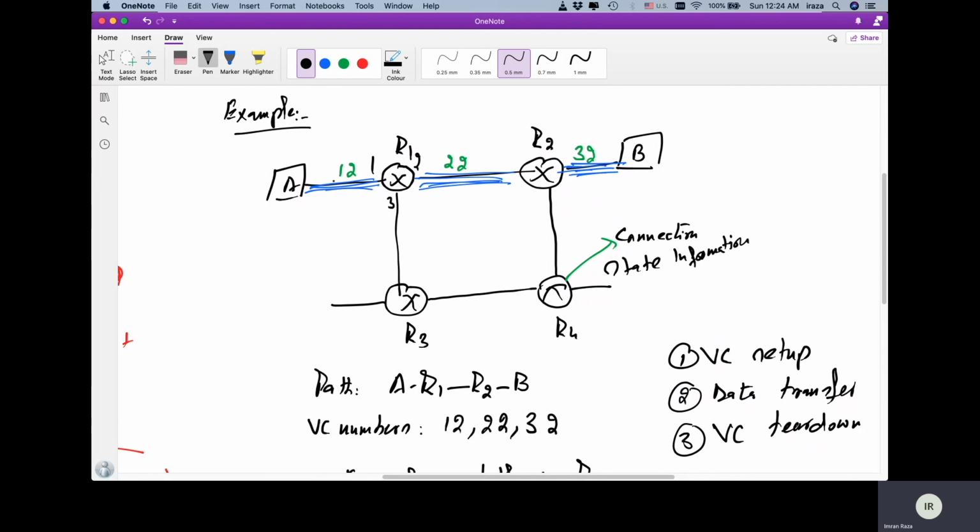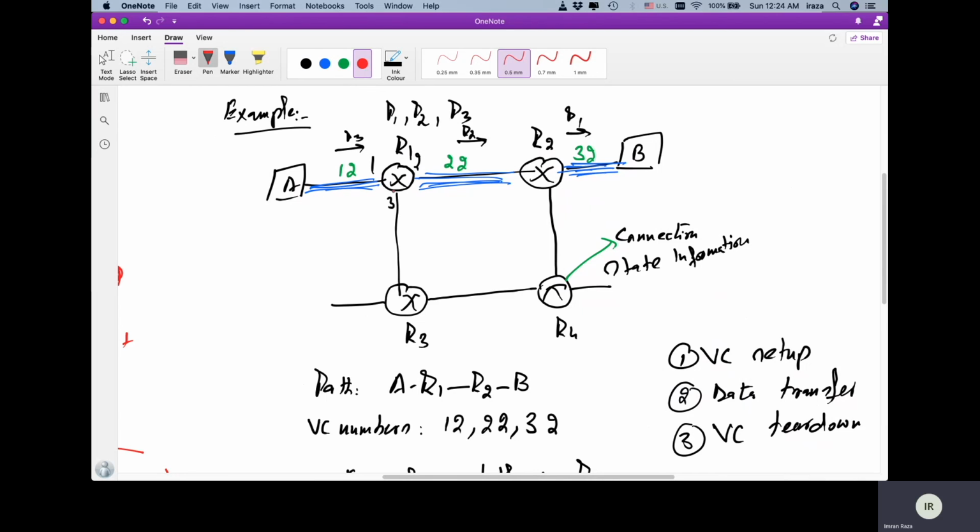So this is how data is forwarded in virtual circuits, where we have a specific path and all the packets will follow this path, right? So for example, I have to send 3 packets, P1, P2, and P3. All packets will follow this path.